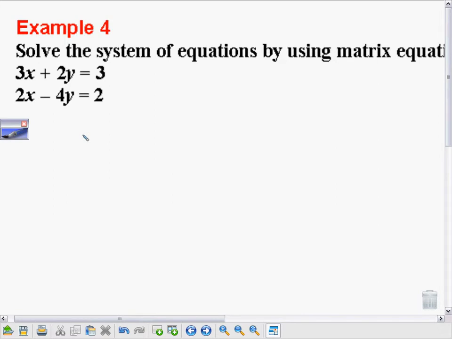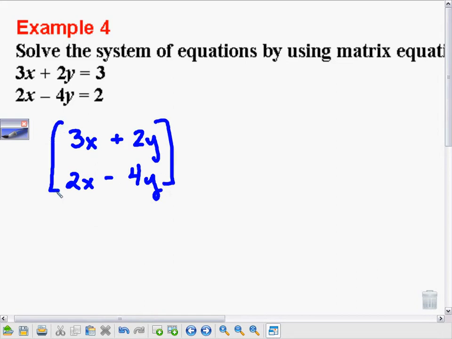First thing we're going to do is set this system up as a matrix equation. All right, so I'm going to write this as 3x plus 2y. I'm going to chop this apart, and 2x minus 4y, put that in a matrix, is equal to 3, 2. All right?